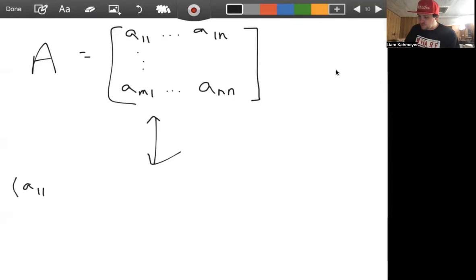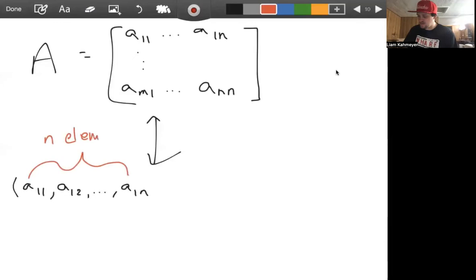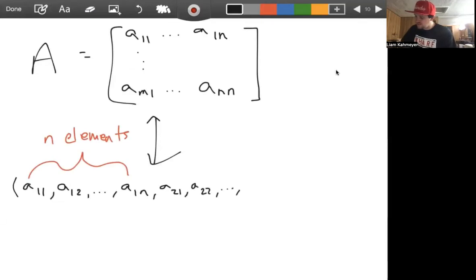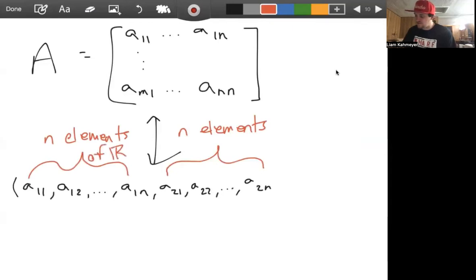So you have A11, A12 through A1n, and how many elements are here? This was the first row, so this is n elements. And then what do we have next? The next row would be A21, A22, blah, blah, blah, through A2n. This would be another copy of n elements of the reals, because each of these are real numbers.